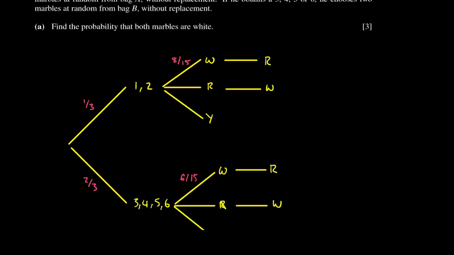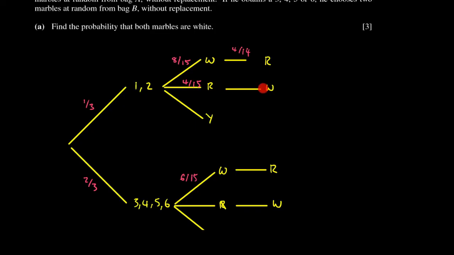So firstly, this probability here of getting a red on the first round would be 4/15. And then what would this probability be here? Well, there are still 4 reds to choose from because we haven't taken one yet, but there are only 14 marbles in the bag now. So this is going to be 4 upon 14.